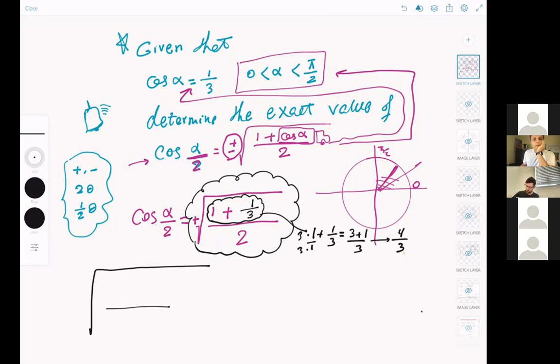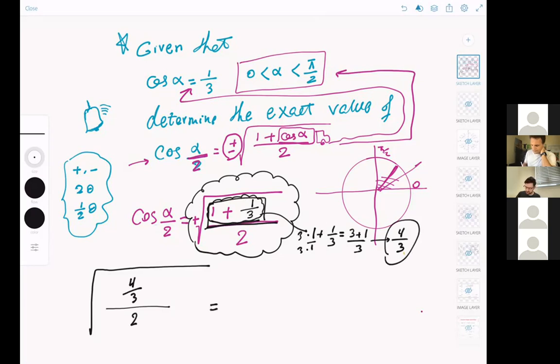Oh, you got it from your calculator? No, I did the math. Good, Elizabeth. So this one we got 4 over 3 divided by 2, correct? 4 over 3 coming from this part, and 2 is in the denominator.